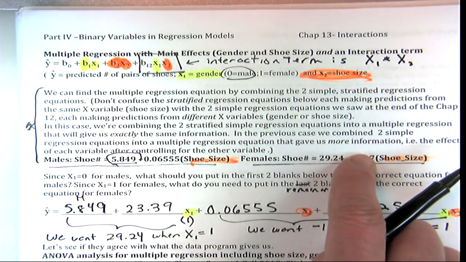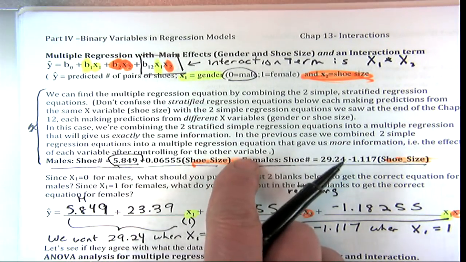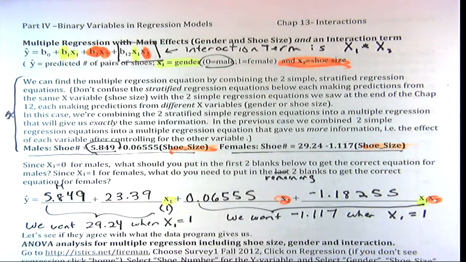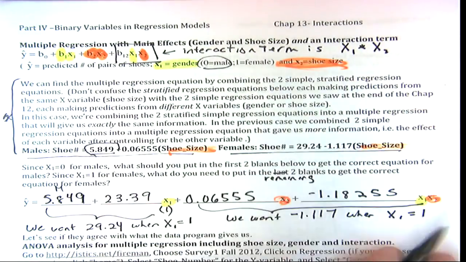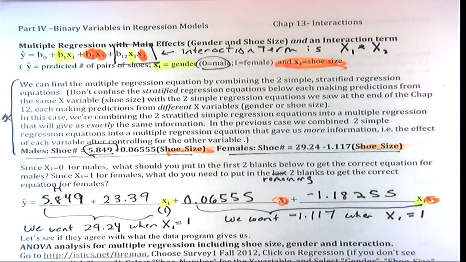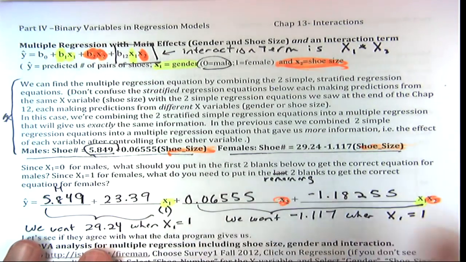That gave us a lot more information. It gave us the effect of each variable after controlling for the other variable. That gave us a whole lot of information that we wouldn't have had otherwise. All right? This is just another way to do stratification, showing you how to go back and forth so you see how the multiple regression equation, what it means when you break it down.